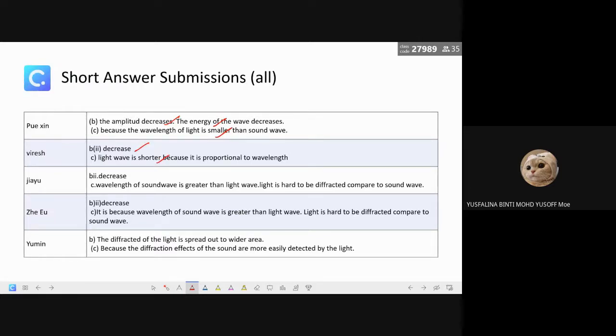Light wave is shorter because it's proportional to wavelength. No, you just have to mention the wavelength of the sound wave is higher, so it will be easier to diffract compared with the light wave. So you have to mention the wavelength.